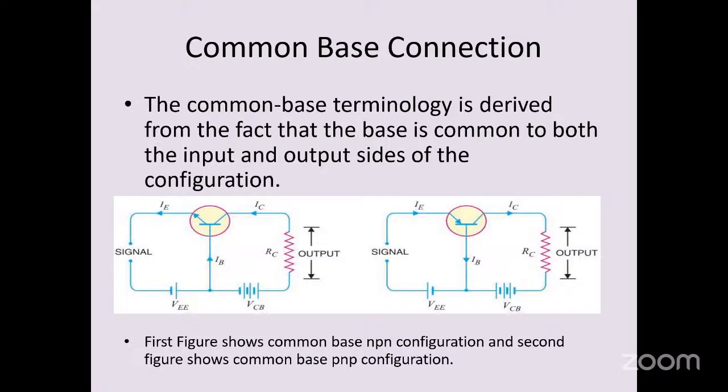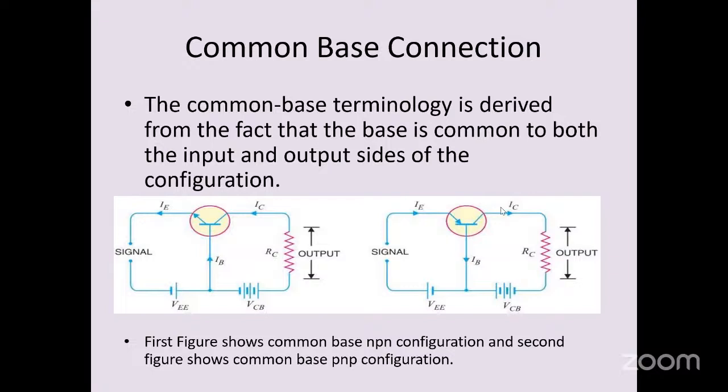So due to the DC in the emitter region, we have emitter current IE. For the base, due to the majority charge carriers, IE is generated, and due to the minority charge carriers, a very small amount of current is constituted at the base region, that is IB.